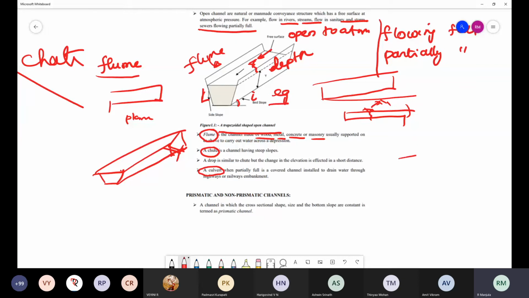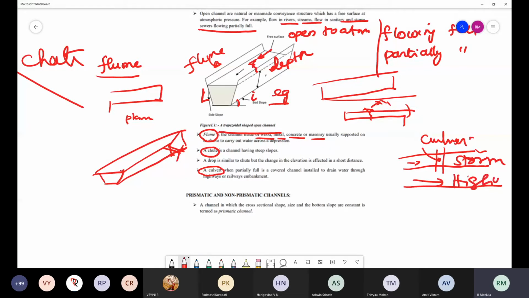Suppose there is a highway embankment. In the highway embankment, you can see these kinds of culverts. Suppose there is a stormwater drain. You want to have access. This is your highway, you want to have access. So normally you provide a cover, the culvert structure, which is provided above this drain.